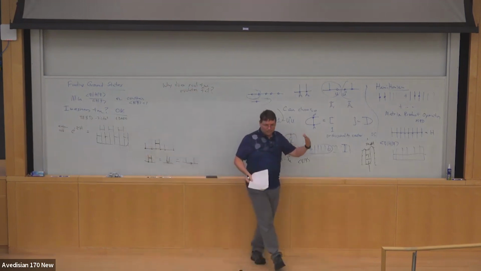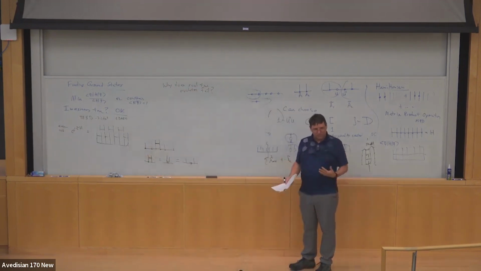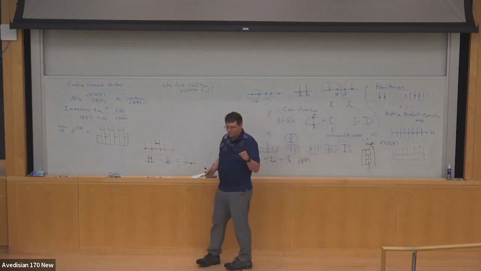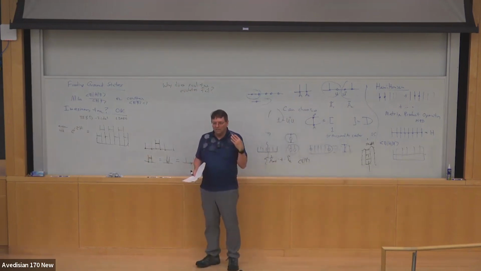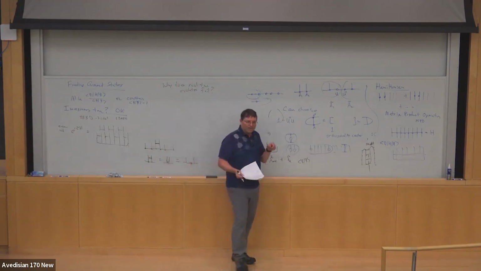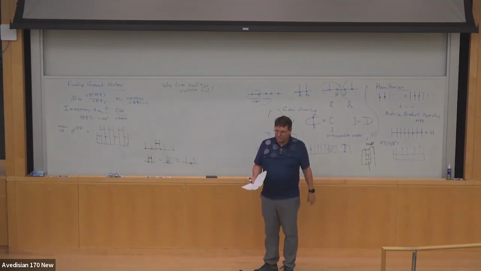Okay, and the answer is the entanglement grows. Now, if you were doing real-time evolution of the ground state, well, it would just stay the ground state. So that's not what we're talking about. So we have to think about how are we different from the ground state.